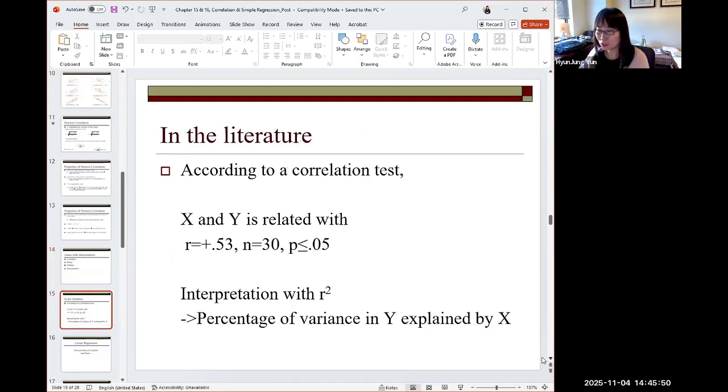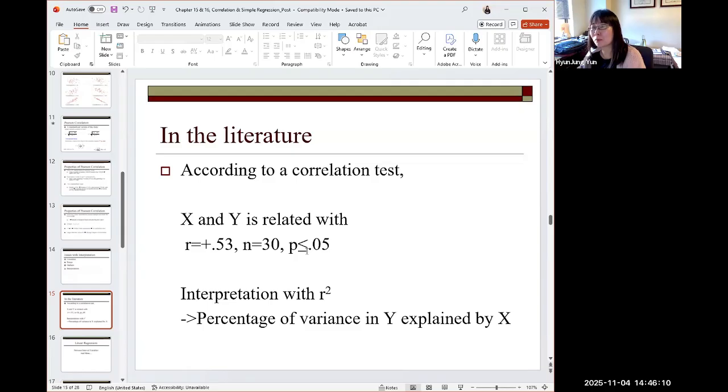So when you write up the result of the correlation test, report the R value, which comes from the correlation test, and then provide the sample size.